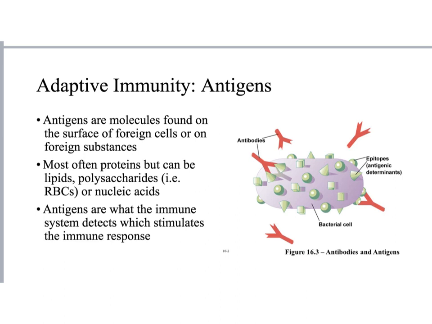But I think the key to remember is that they're on the surface, and that's how they are seen. That's how they come in contact with the immune system, because they're on the surface. And once they're detected, then they will kind of produce an immune response. So everything really hinges on an antigen coming in contact with some kind of an immune cell or immune protein.